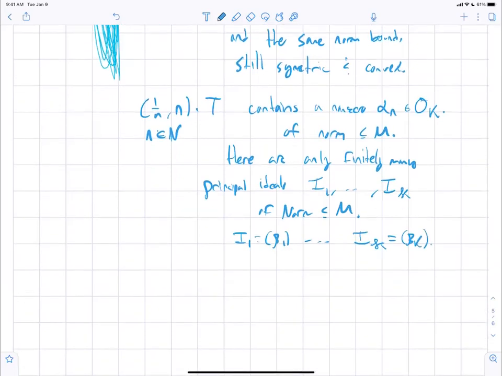If I look at the coordinates of beta i, equal to (xi, yi), there's a minimal x coordinate for these, i equals 1 to k.